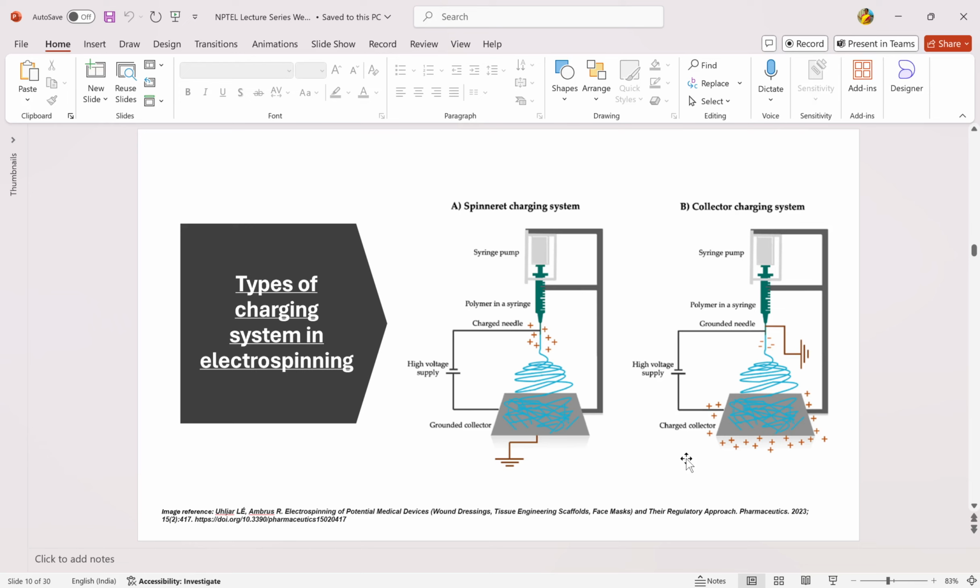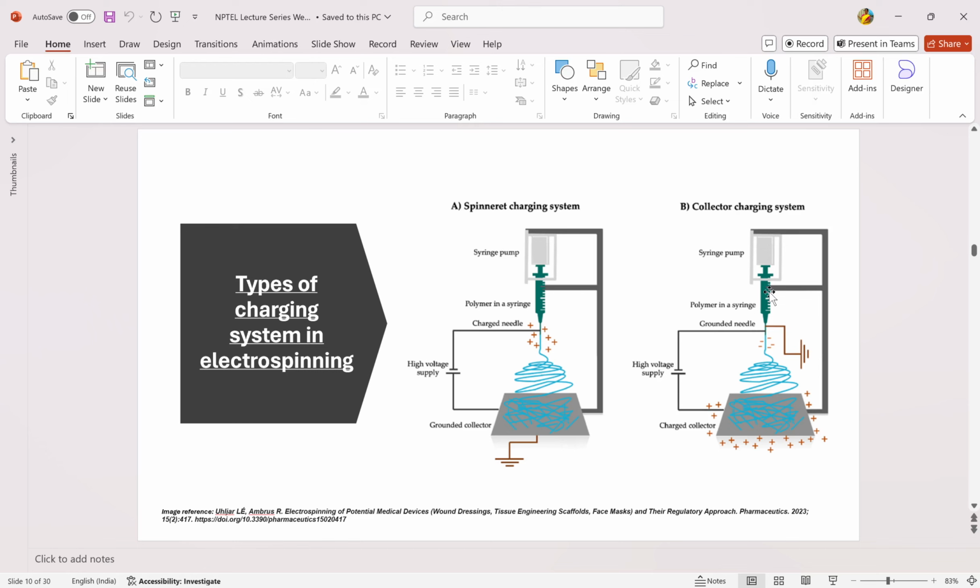Then types of charging system in electrospinning, like I was saying, what kind of charging system you can have. Here you can see the spinneret charging system, where the collector is grounded, that is, the collector is not having any charge. You're applying a voltage to the spinneret, the charged needle, but since your collector is grounded, it is neutral, and your polymer solution is extruded and comes to this neutral place.